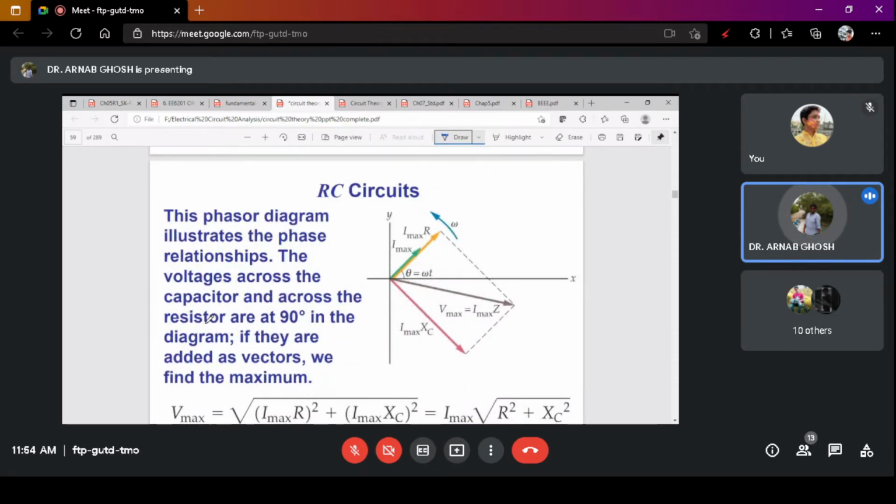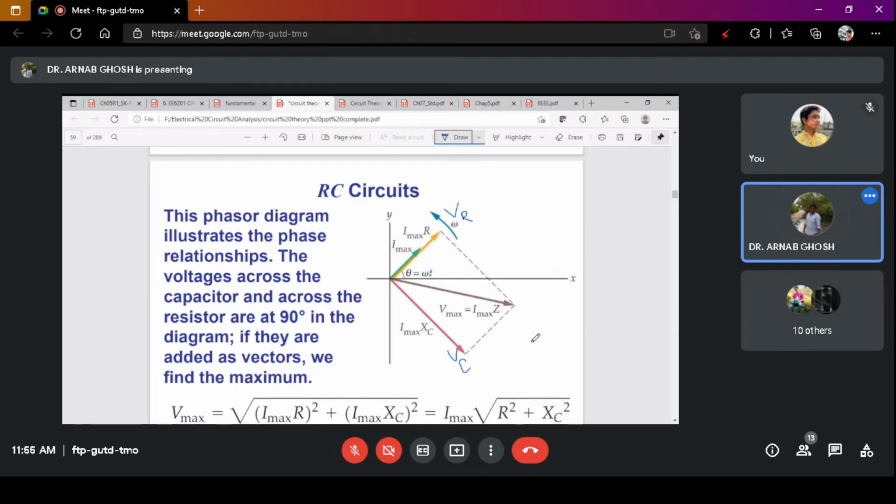just look at this. This is your VC phasor, and this is Imax R, so this is your VR phasor. VR is the voltage across the resistance, and VC is the voltage across the capacitance.